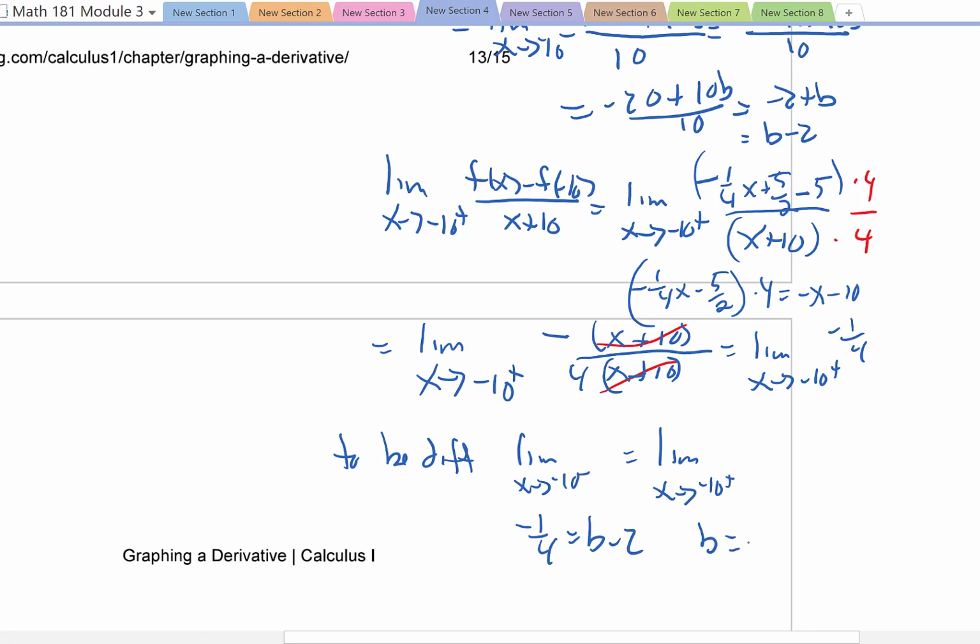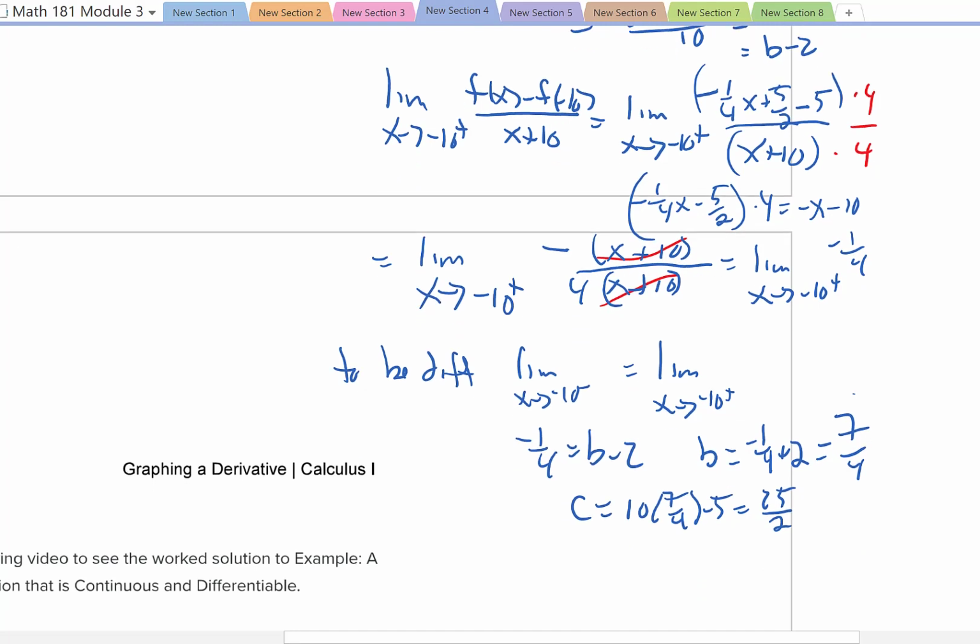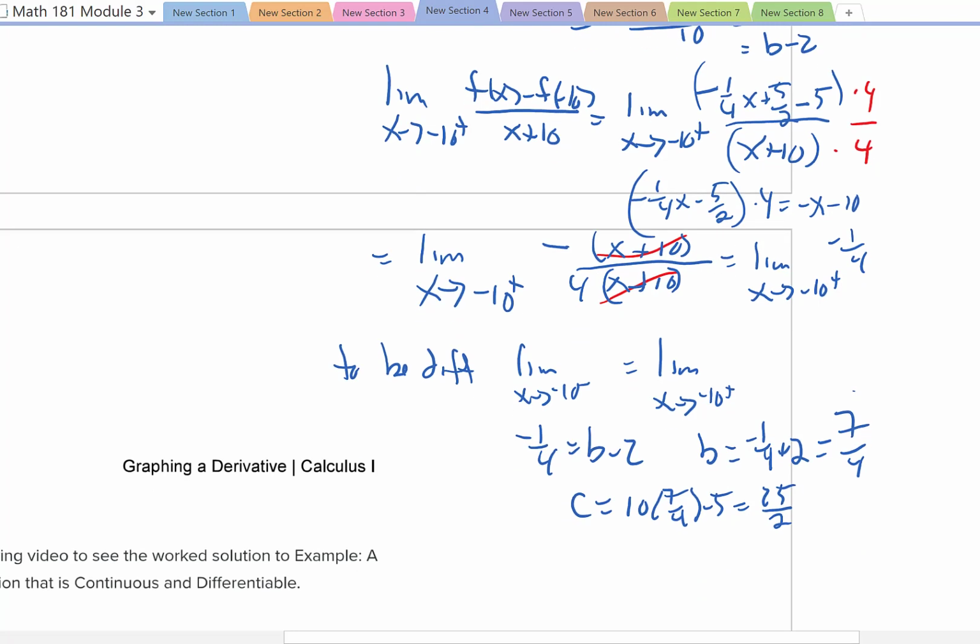So b must equal negative 1/4 plus 2, or 7/4. So c equals 10 times that 7/4 minus 5, or 25 halves. So there you go. That was a lot of fun.